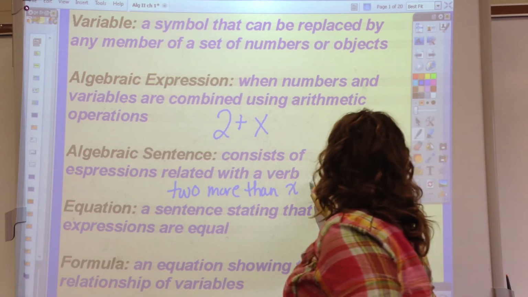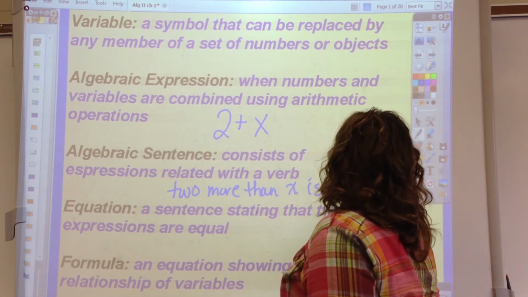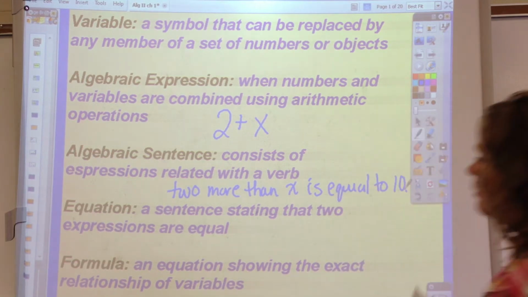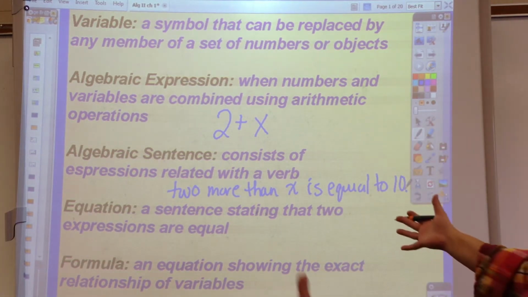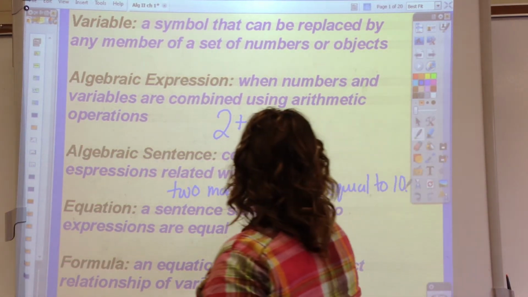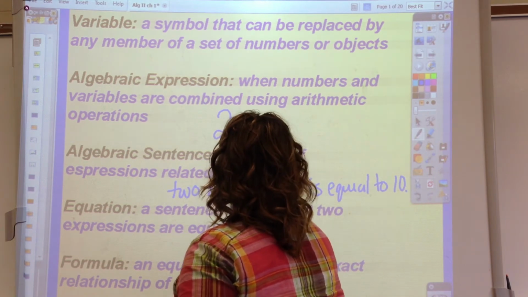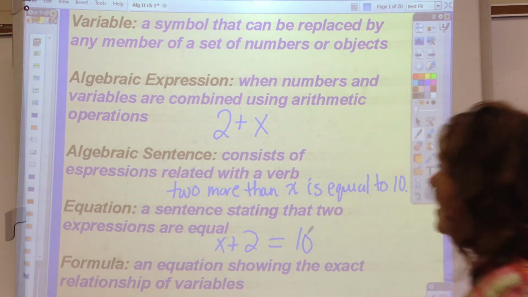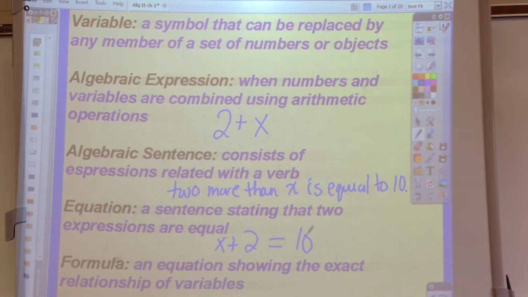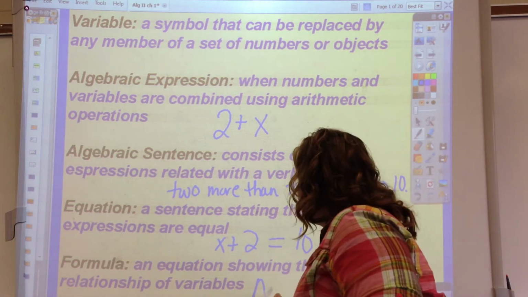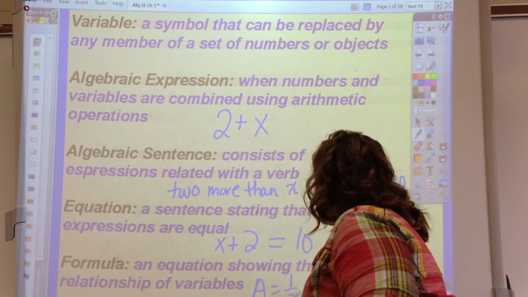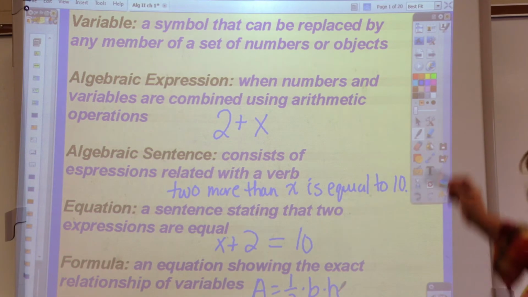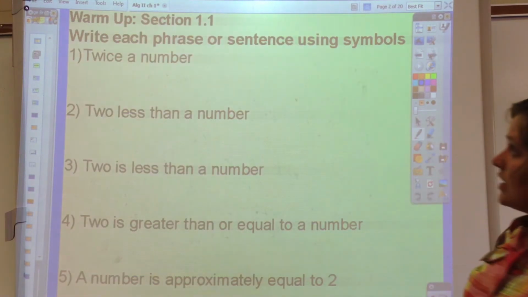So I might say is equal to 10. An equation, I could write this sentence as an equation. I would have 2 more than x. So x plus 2 is equal to 10. And finally, a formula that we're all familiar with might be the formula for area of a triangle. 1/2 base times height. And this is the terminology we're going to use for this section.